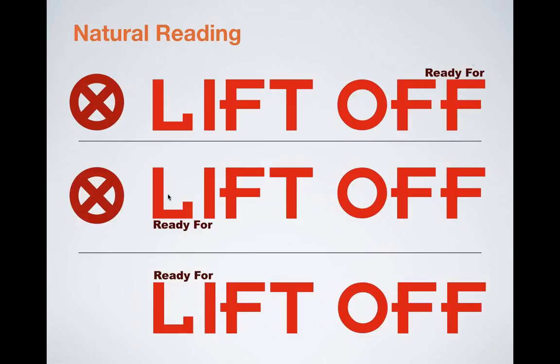And then same thing here, because now it's out of order. We're reading top to bottom as we do in the English language. So best case is to just take advantage of how we have been taught from childhood how to read.